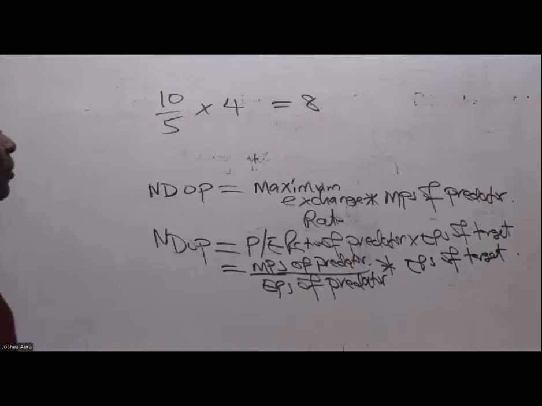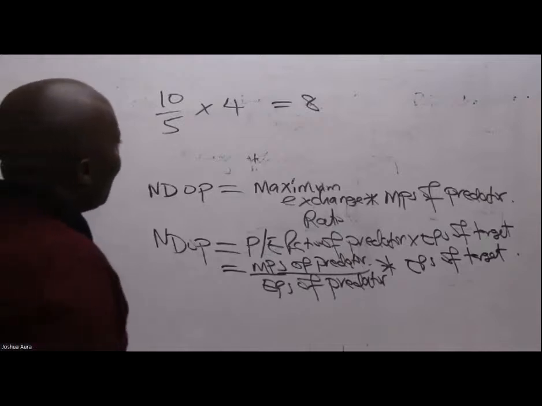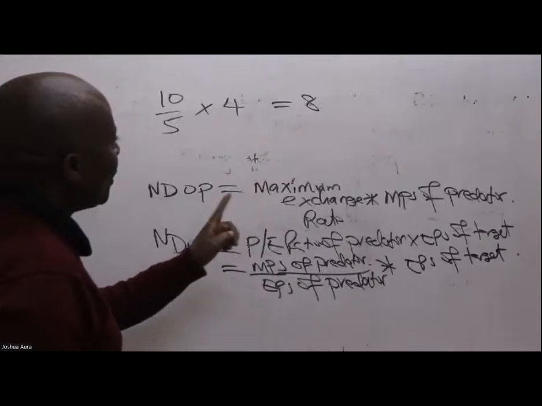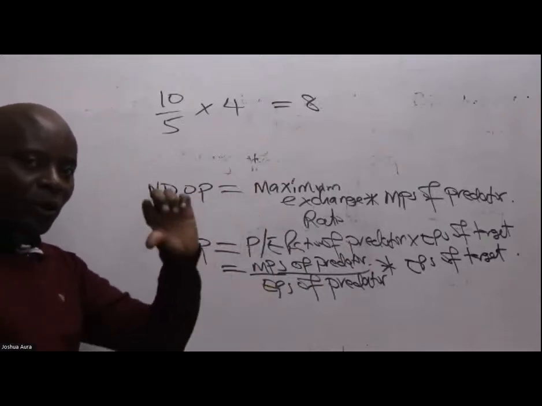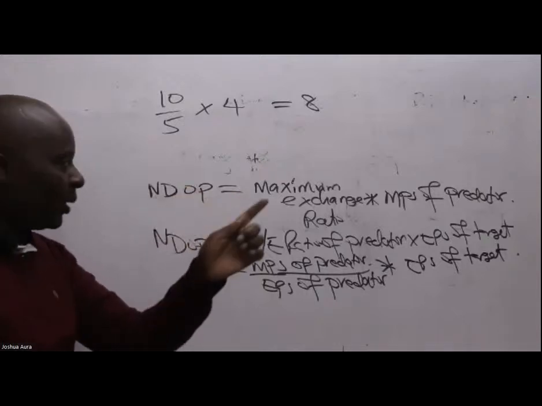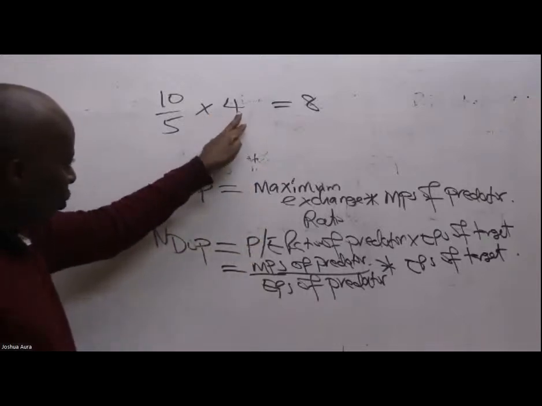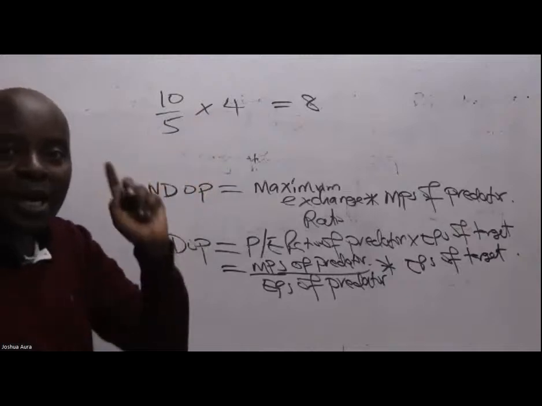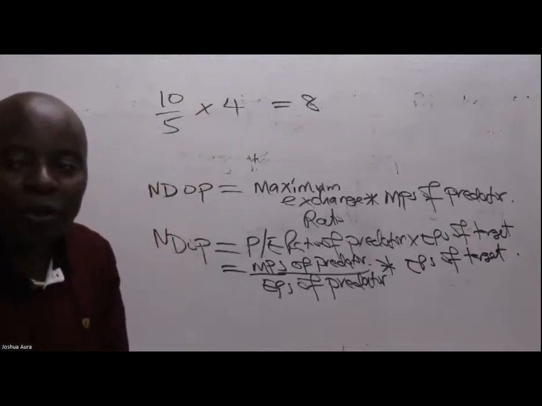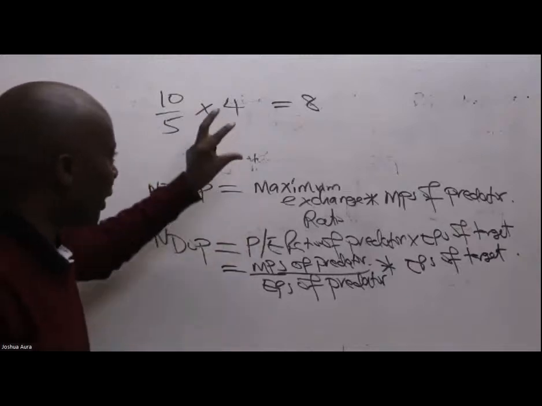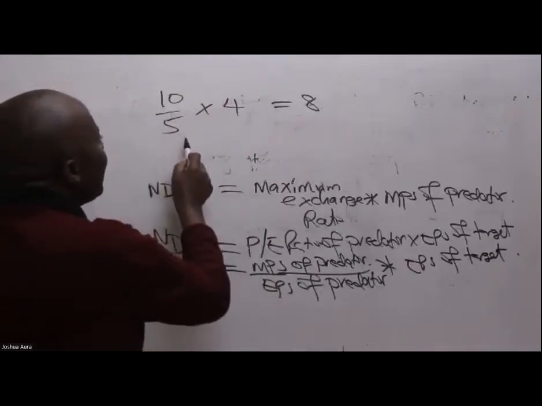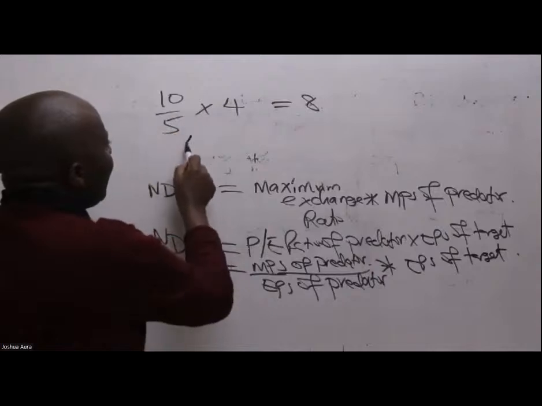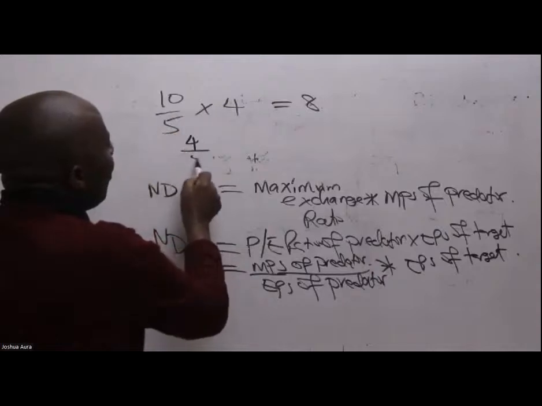And then, ladies and gentlemen, please listen to me very well. It's called the commutative law, where you can easily switch numbers. Whenever there is a multiplication, you can switch without breaking anybody's bone. So I can say 4 over 5 times 10.